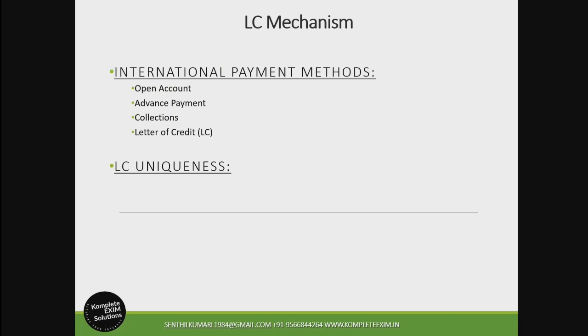Irrevocable means that without the consent of the exporter, the LC cannot be modified or cancelled. So this is a kind of guarantee or promise which cannot be taken back by the issuing bank without the exporter's consent.